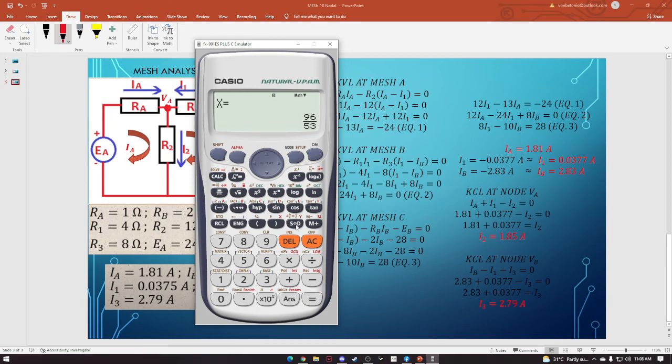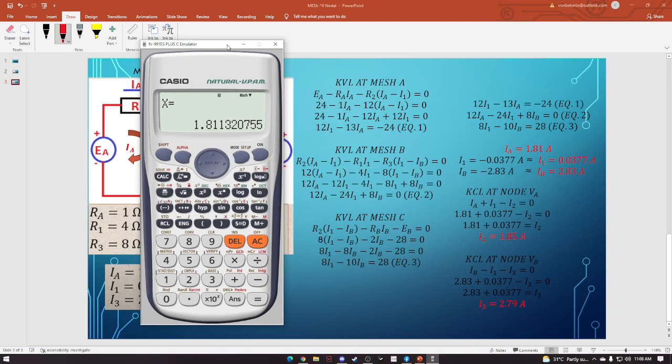So the answer for IA is equal to 1.881 ampere. Then I1 is negative 0.0377 ampere. Then IB is negative 2.83 ampere.